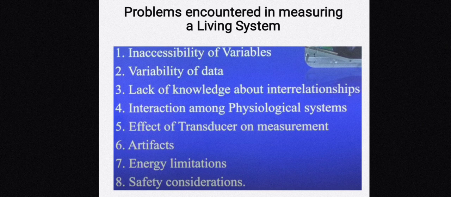Before actually discussing what the man instrument system is, I'll discuss the problems that are encountered in measuring a living system, or in measuring a human being, that resulted in the introduction of the man instrument system.